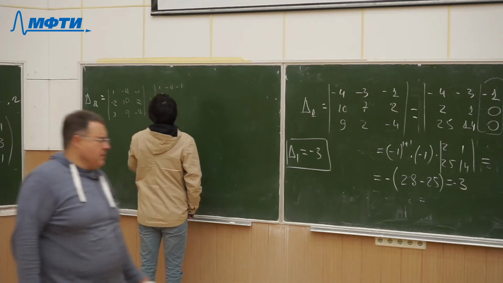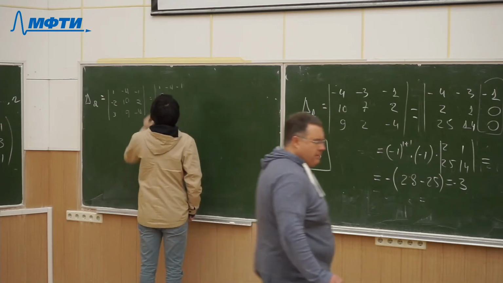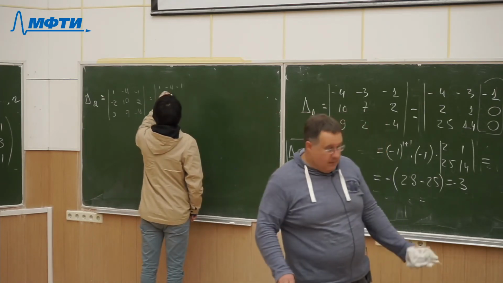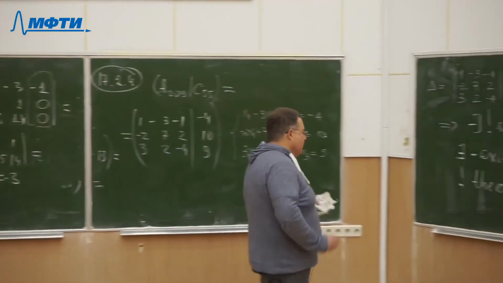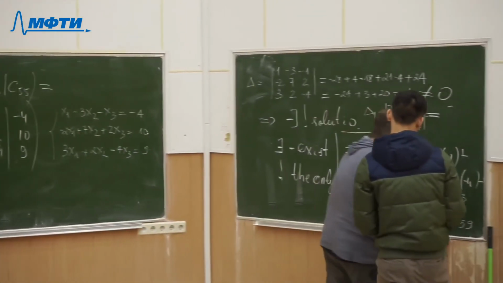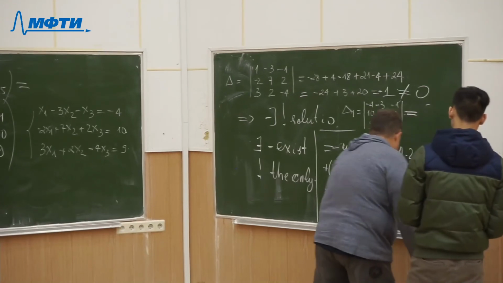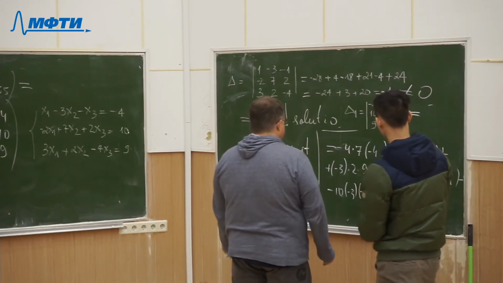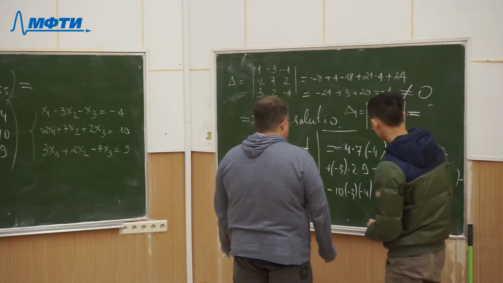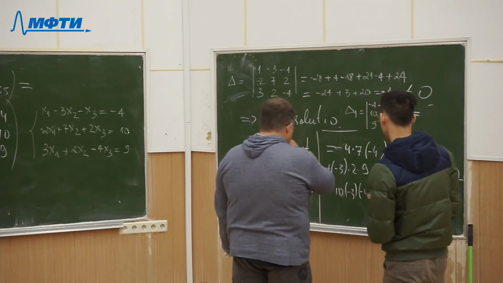No, it's not possible because of too big a number. Understand? Let's calculate together. 56. One down. 70.